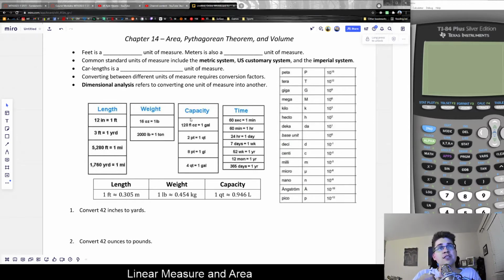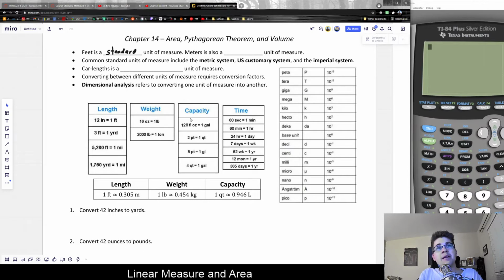Now, a foot size is not the same as feet, but the standardized unit of measure is defined to be 12 inches, is another way it's described. There's various ways you could measure what a foot is, but feet would be an example of a standard unit of measure.